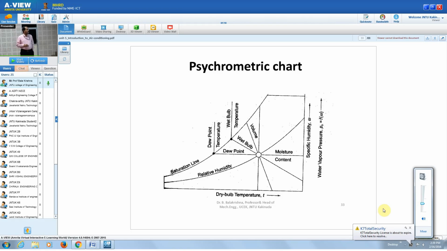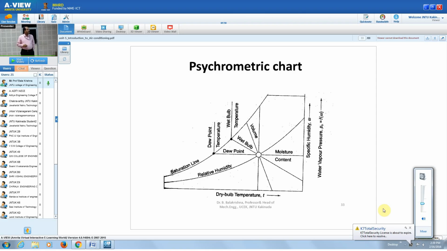So this is the saturation line, and then these are the relative humidity lines, and these are the specific volume lines. This is the wet bulb temperature line, and this is the dew point. From this the condensation starts. We have clearly seen that in the dew point temperature, right?